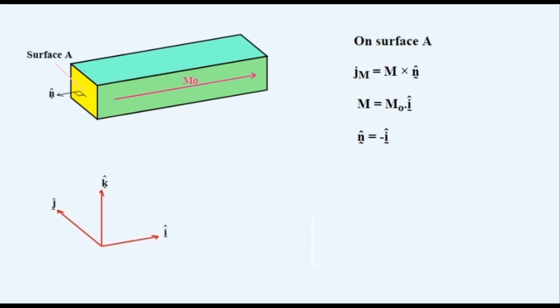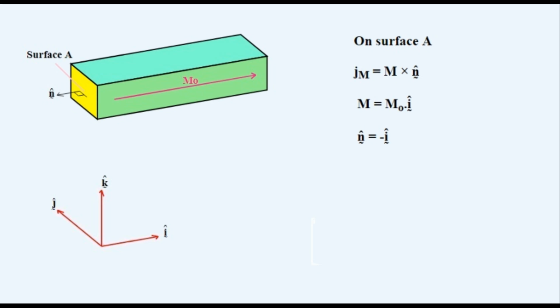When we substitute these values into the top equation, like we did before in the last example, we get this expression. And because of the cross-product rule that a unit vector cross-multiplied by itself is always 0, we end up with this answer here. There is 0 current on the surface A.